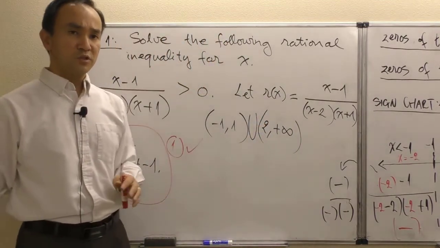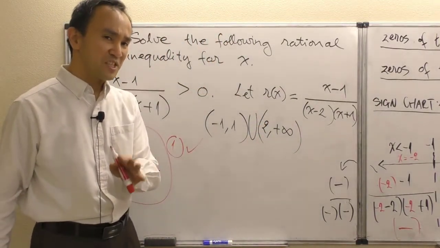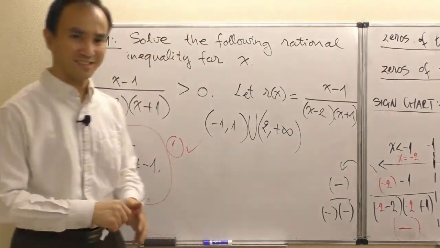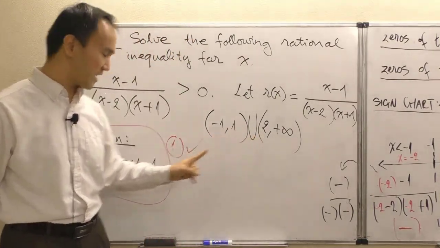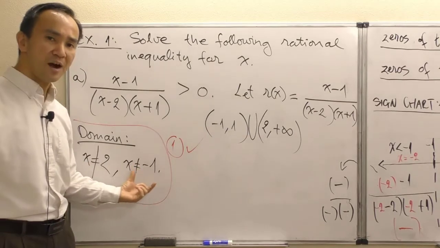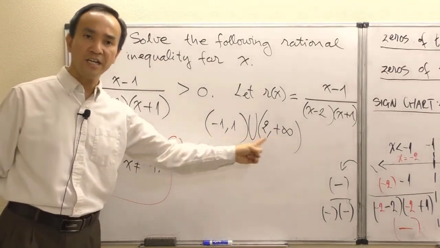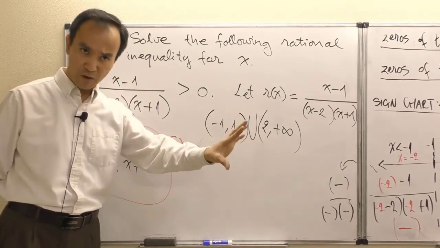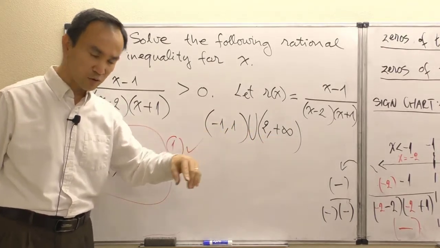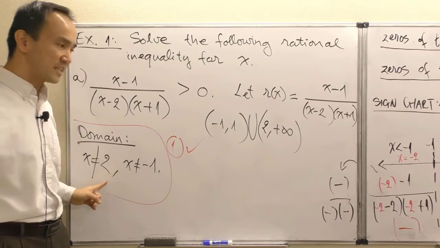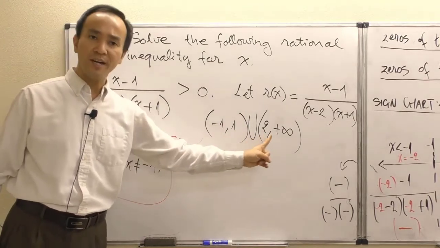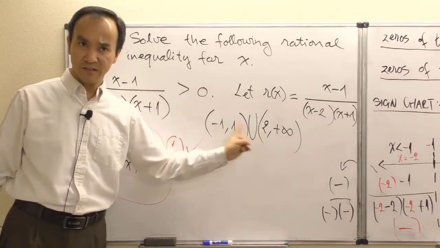But learning from the experience we have seen back in the demo problem, we've got to also make sure that the x values we're supposed to exclude from the domain are not anywhere inside of any of our intervals here.